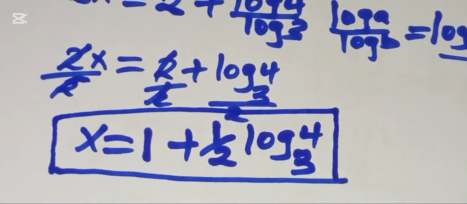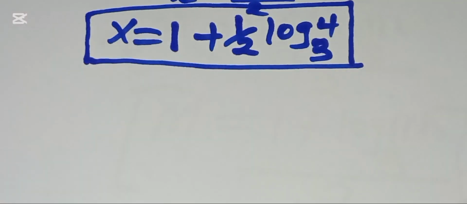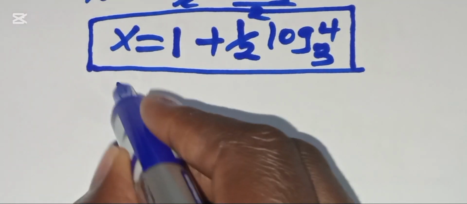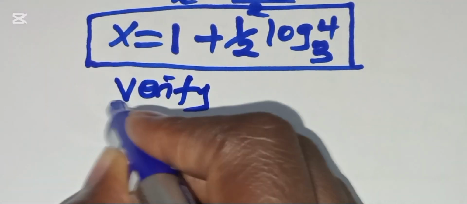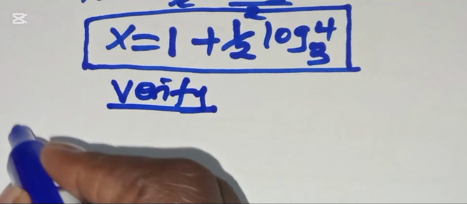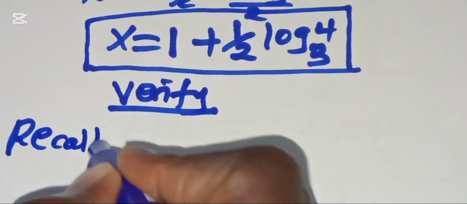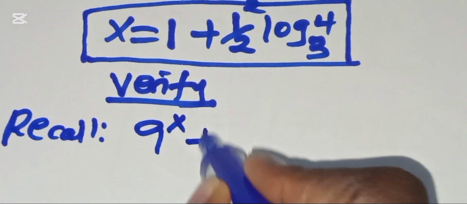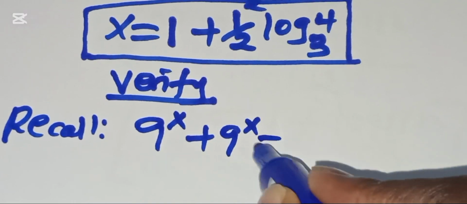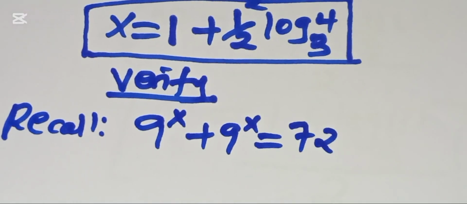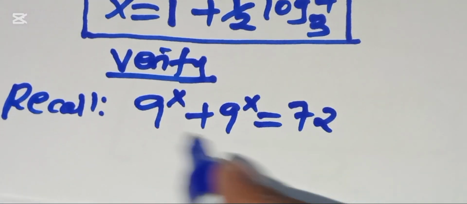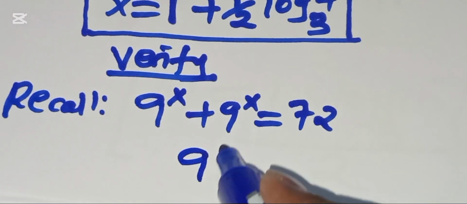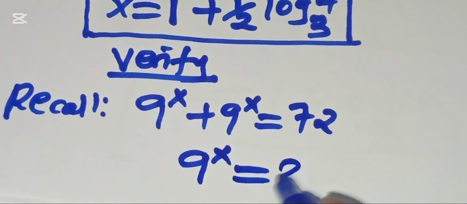So let's verify that this value of x satisfies the equation. If you recall our exponential equation, we had 9 raised to power x plus 9 raised to power x equal to 72, which we simplified further to 9 raised to power x equal to 36.